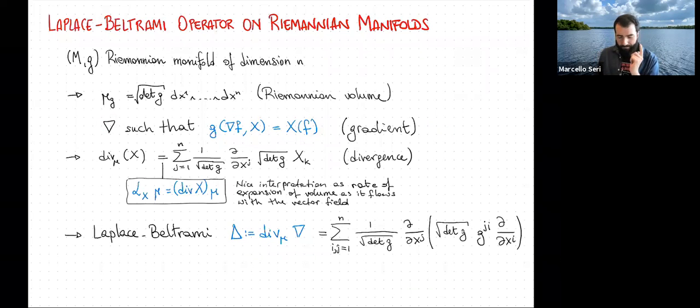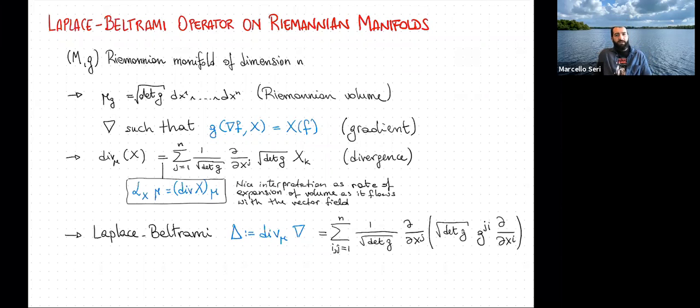But then we have the divergence. The divergence is that thing that tells you how the volume is expanding or contracting as you flow along a vector field. At least that's one of the ways you can think about it. And this uses the notion of volume. So to define the divergence, we need the volume. We need to keep that in mind.